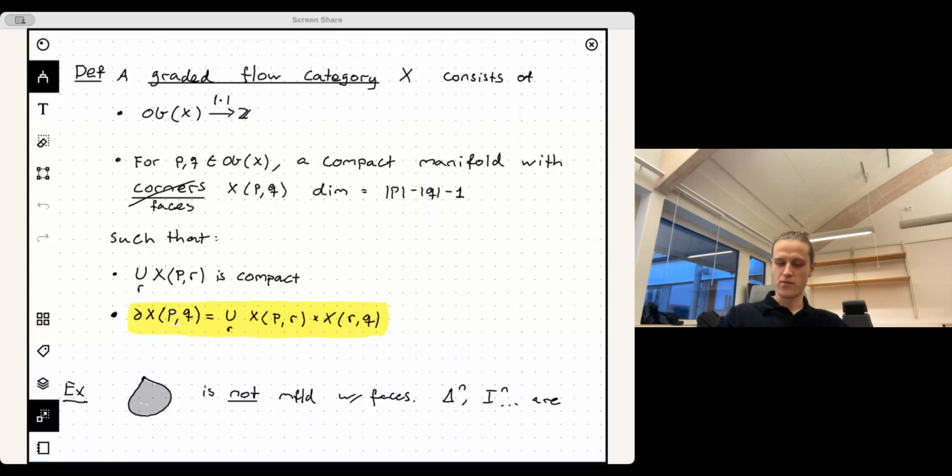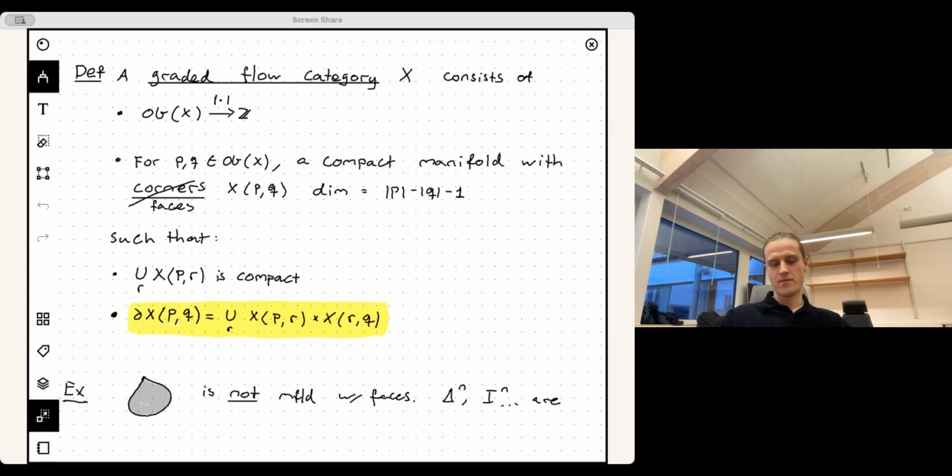And we want some compactness condition. I'll get back to why this is important later. The main thing to take away is this equation in yellow here, which is saying that the boundary of X_pq is given as a union over all other objects r of X_pr times X_rq.